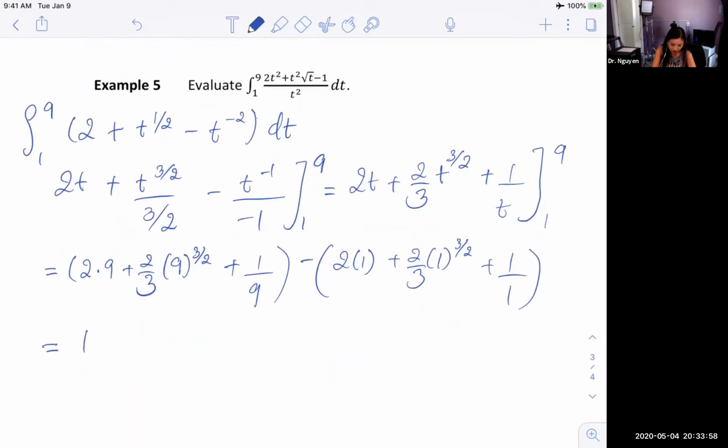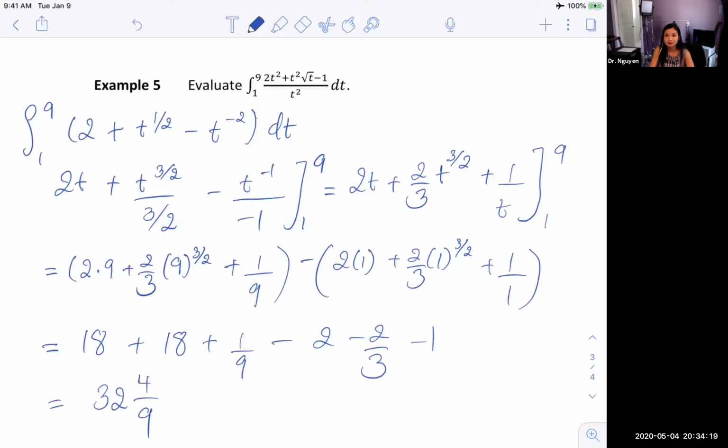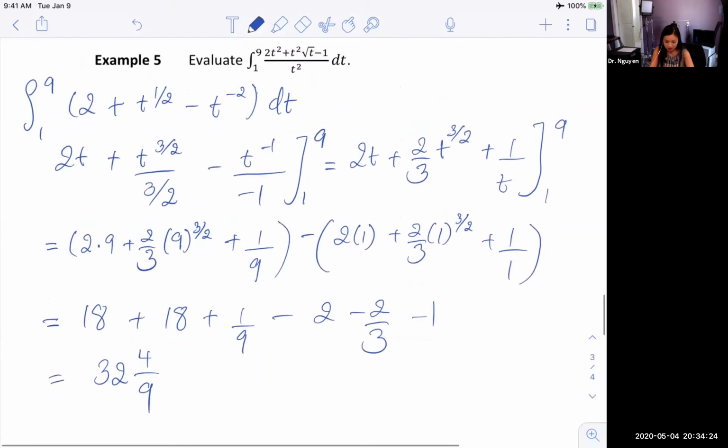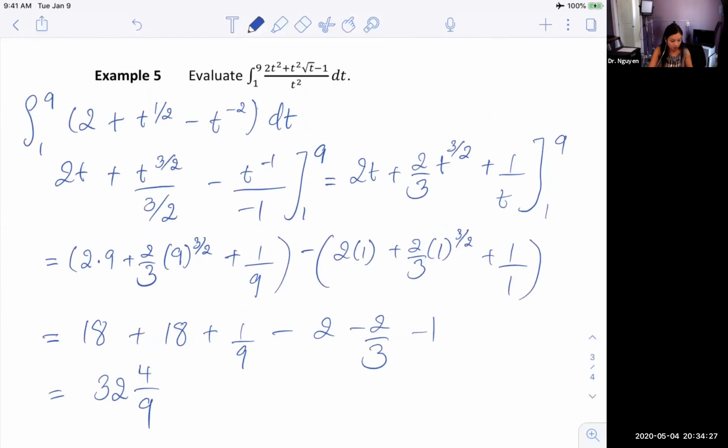But what do we have here? 18 plus 18 plus 1/9 minus 2 minus 2/3 and minus 1. So we get 32 4/9. Okay, so for this problem, like I said, make sure you simplify the function before you integrate.